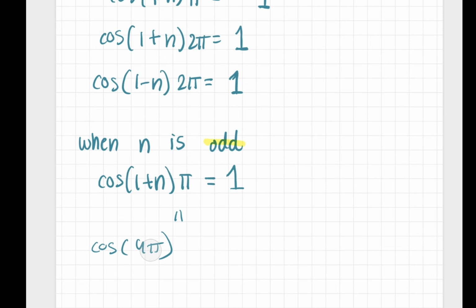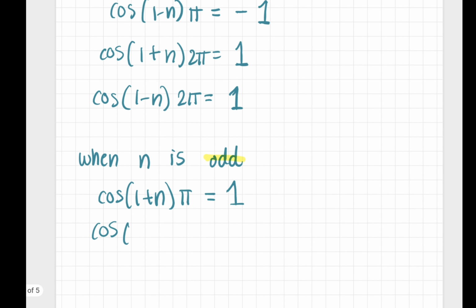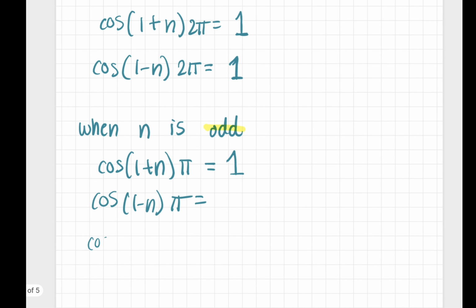Now, cos of (1 − n)π. Let's replace 3 again. You get cos of (1 − 3)π. That's cos of −2π. Once again, that's still 1.